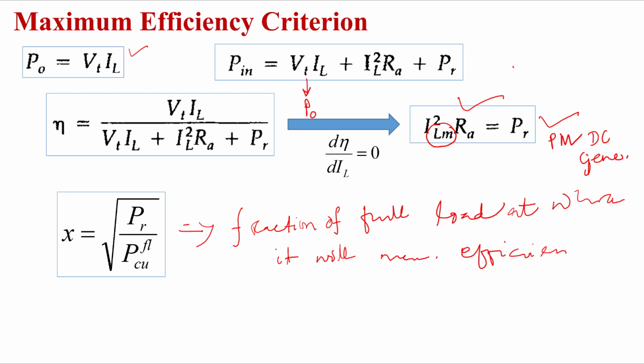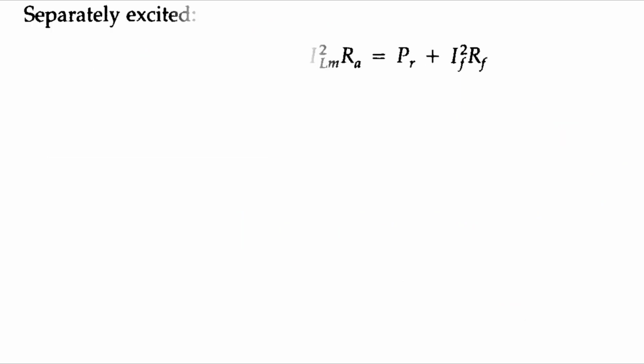That means if your full load is 100%, like 100 ampere, let us say, and x is found to be 0.7 from this expression, then at 70 ampere I will get maximum efficiency. Okay, it is clear, I hope, right?